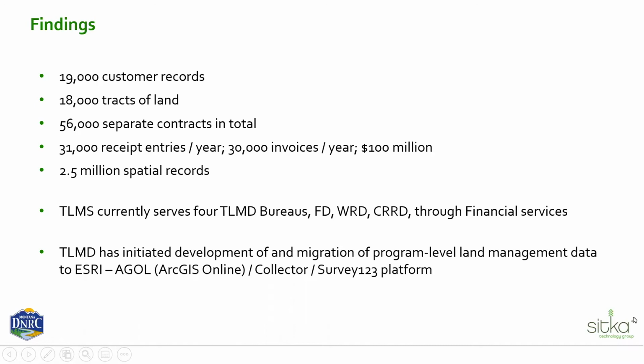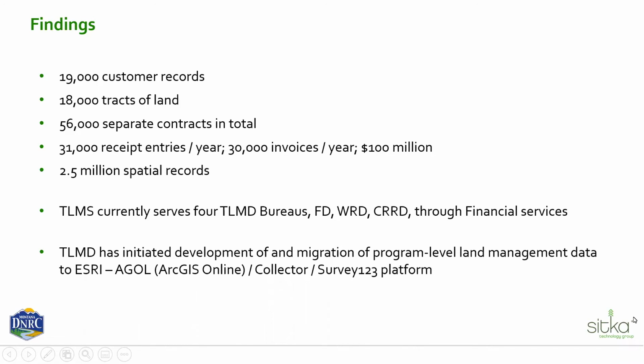The current system we have tracks the revenue from all land management activities. In addition to the forest management, our Trust Lands division houses activities under different bureaus. So we've got ag and grazing, we've got minerals, we've got real estate. And then the TLMS system also serves the entire department for our deposits.